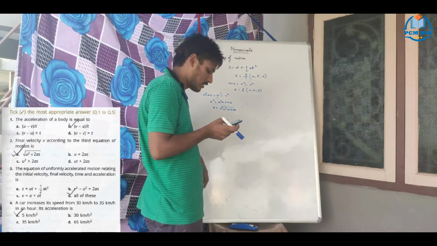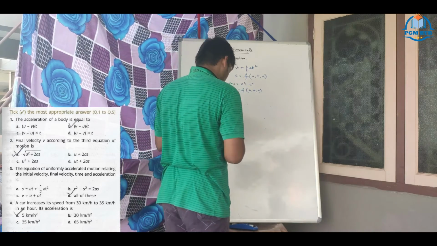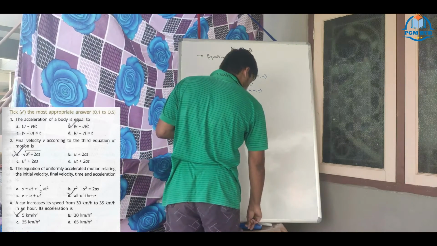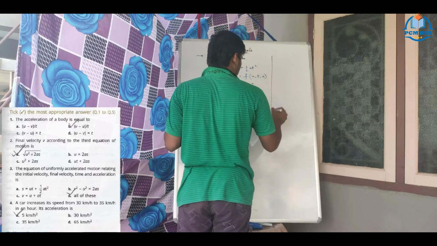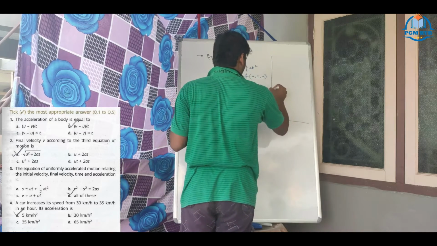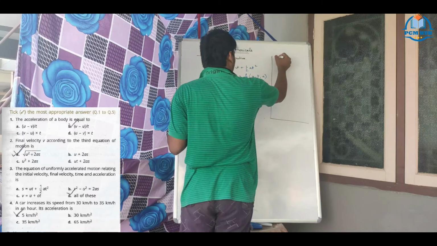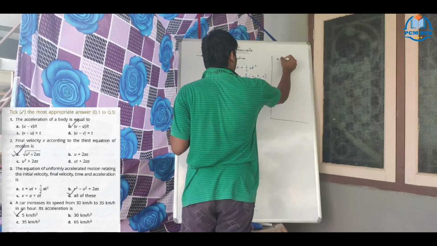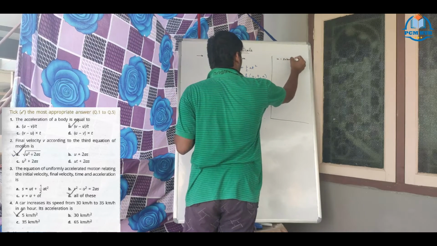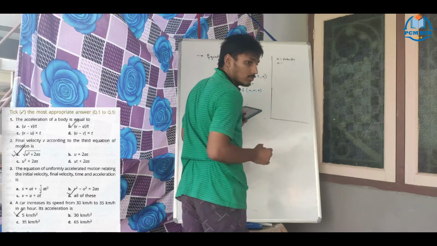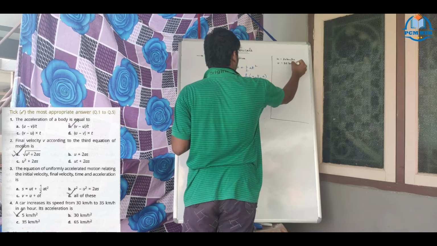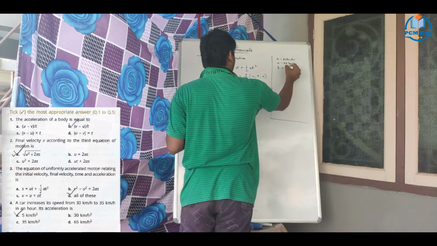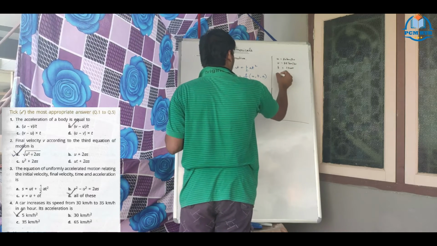So it is given in this question that u equal to 30 km per hour, v equal to 35, and time is given.